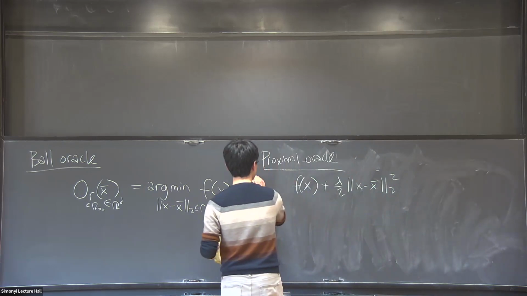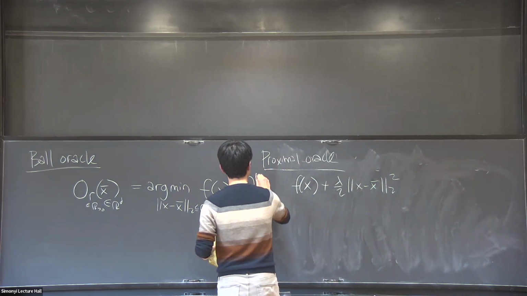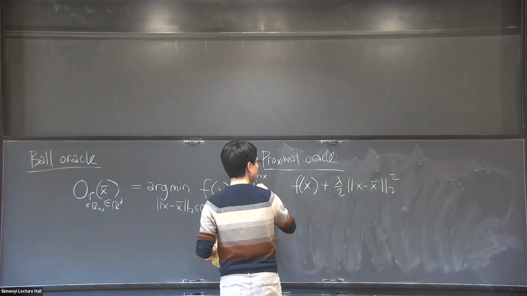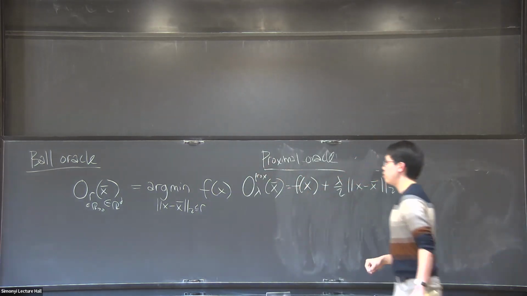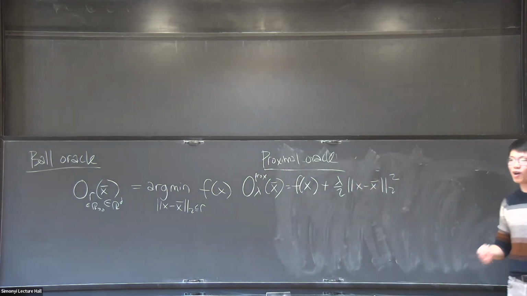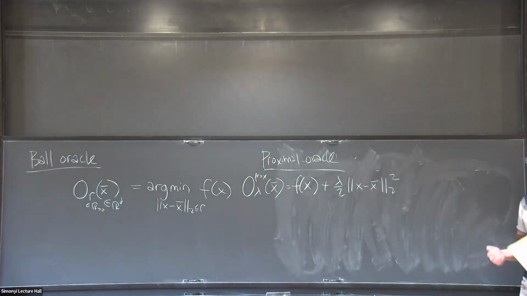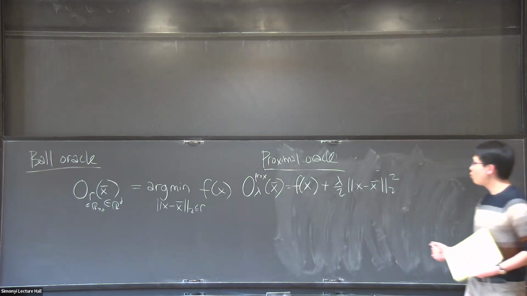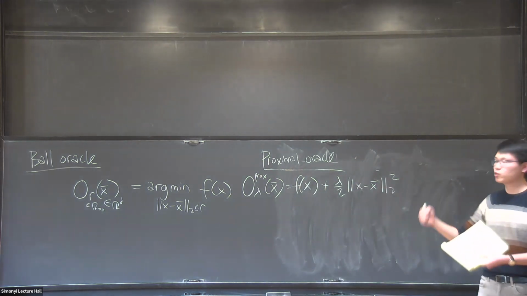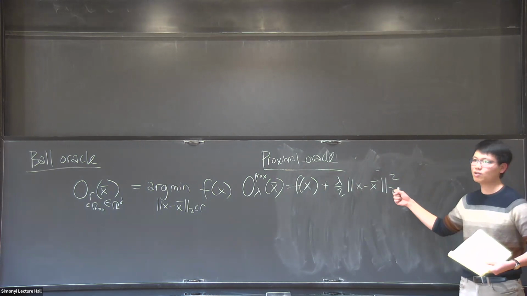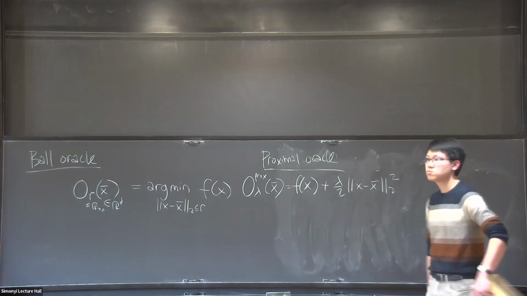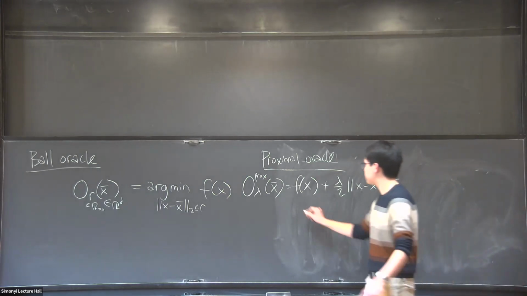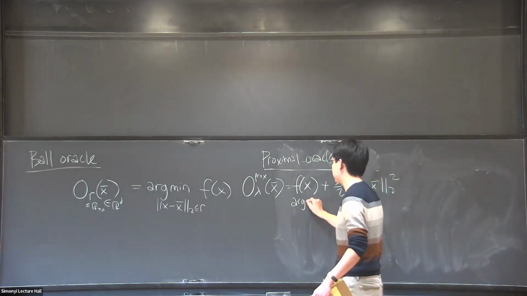So maybe let me call this approx lambda. So the idea here is exactly this soft version of the trust region method that Avi was describing, where we have a center point x bar, and I want to make sure that x doesn't drift too far away from x bar, as controlled by a regularization parameter lambda, right? Rather than being bounded by the radius, you are penalized for that. Right, exactly.